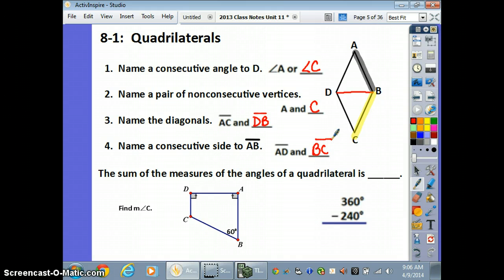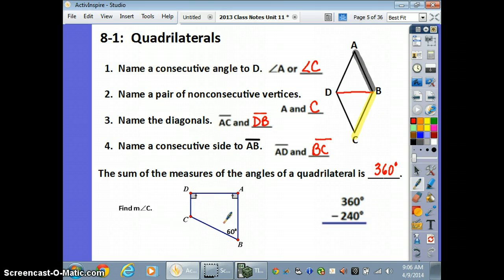The sum of the measures of the angles of a quadrilateral is 360. If you remember, we had a triangle as 180, and we can get 2 triangles if I draw in a diagonal, right? So 180 plus 180 would give me 360.